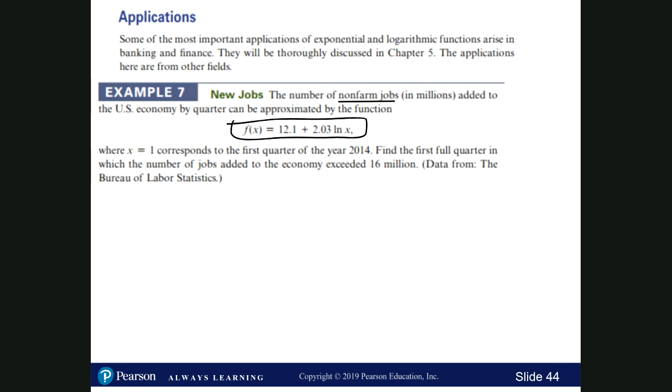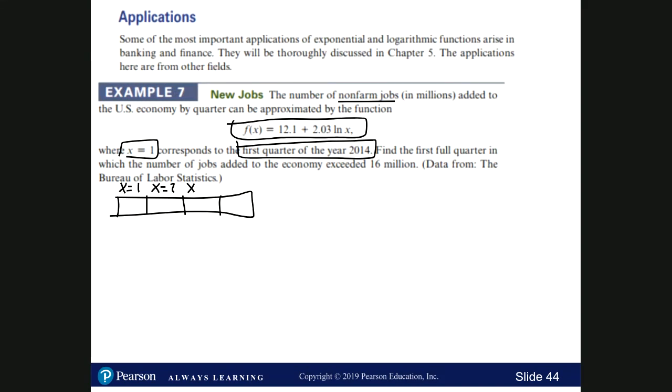So it says here that x equals 1 corresponds to the first quarter of the year 2014. So x, the input, here we'll have x equals 1, x equals 2, x equals 3, and so this is the year, all of it is the year 2014.